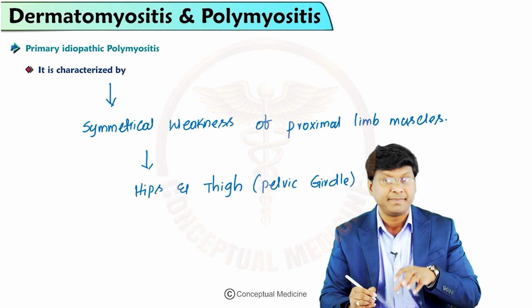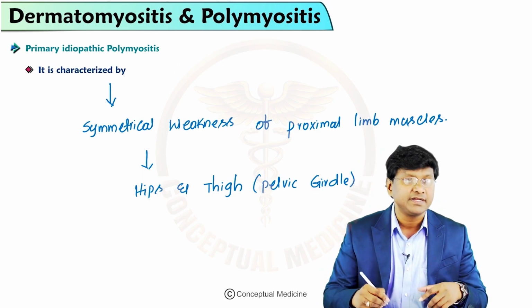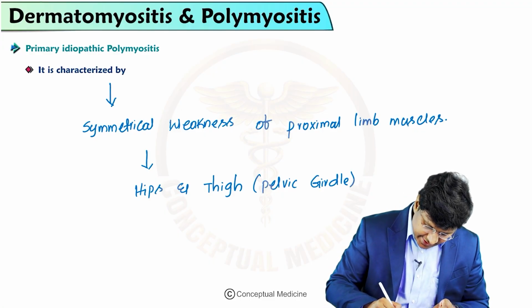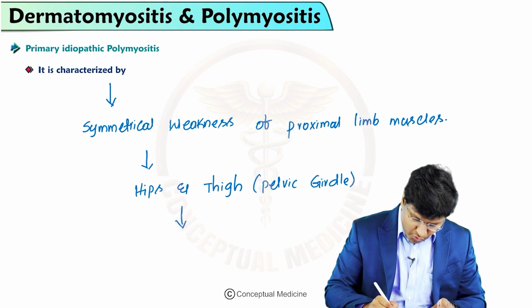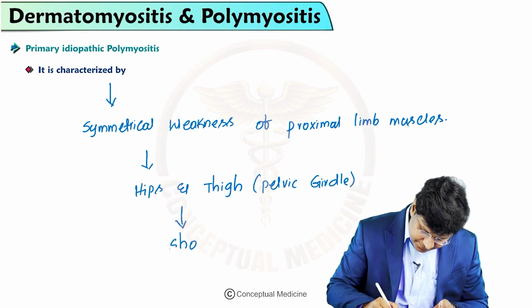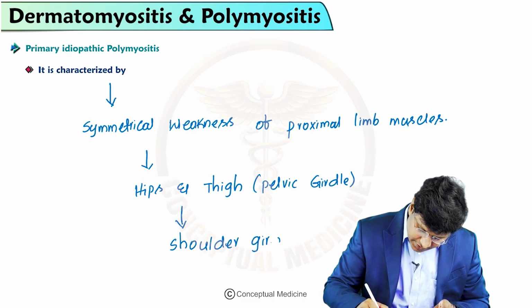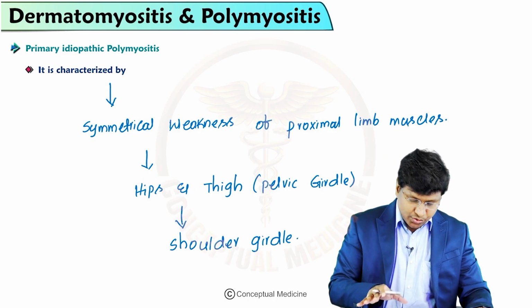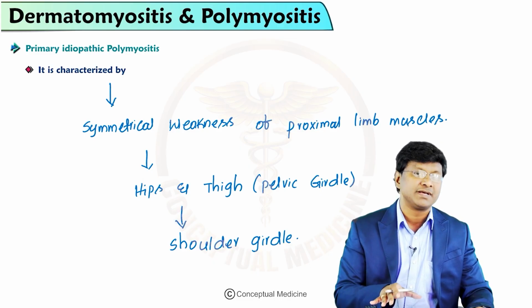After the involvement of the proximal muscles of the lower limb, it is followed by the involvement of the shoulder girdle muscles. So that will be the pattern of the muscle involvement.